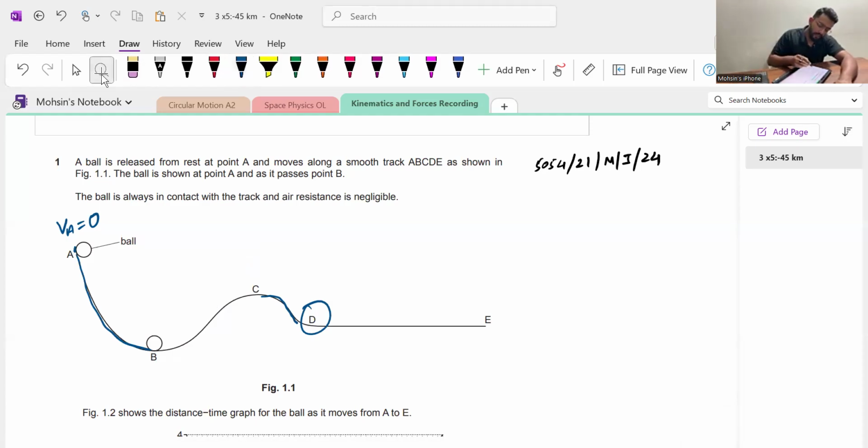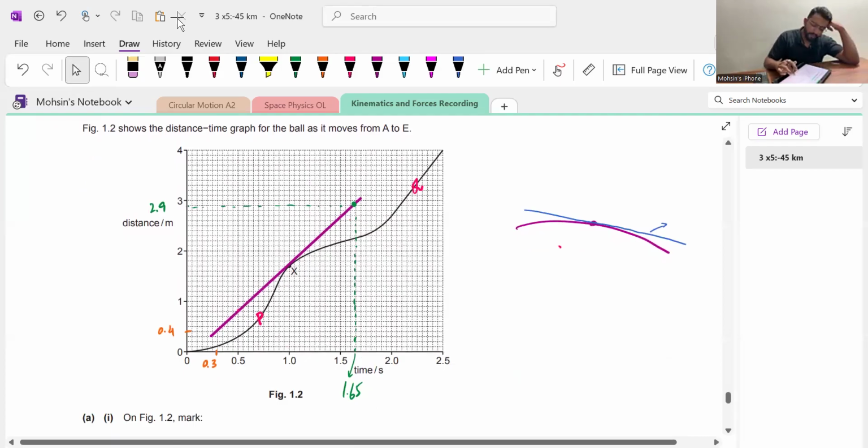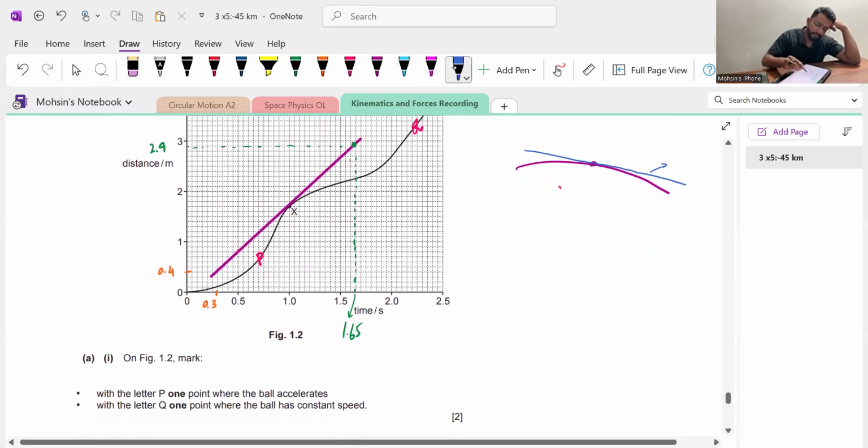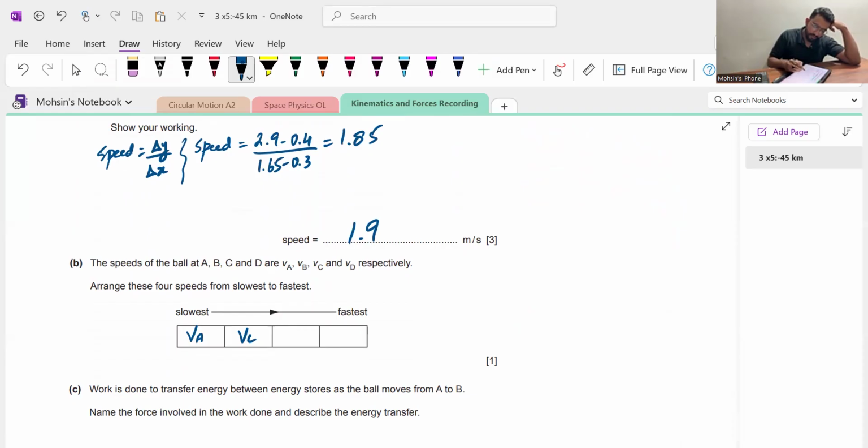So this is how we are going to compare them. At A the speed is lowest, after that a little more at point C, after that point D, and the highest speed is at point B. So at A it is slowest, then C, then D, and at B it is the fastest.